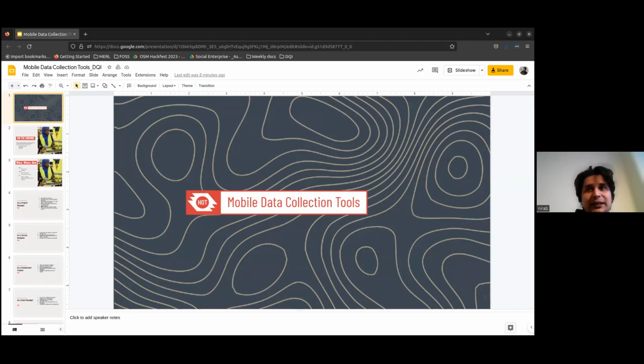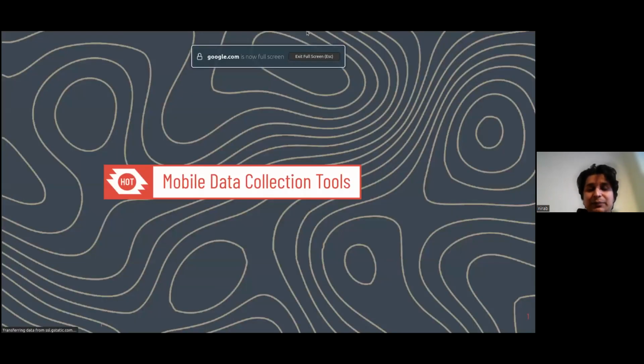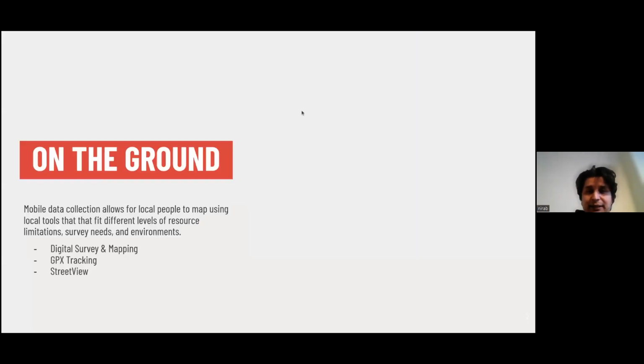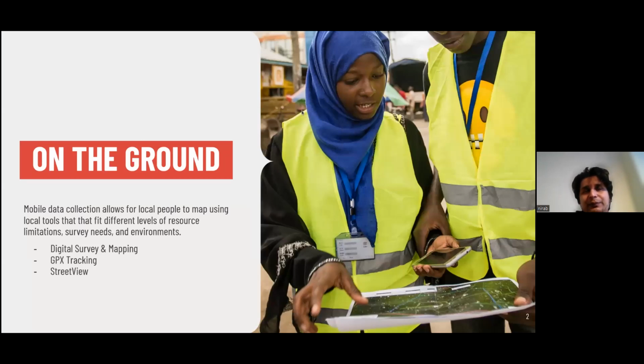So there are a lot of different options available when you're doing data collection mapping in OpenStreetMap, and one important aspect is there's only so much you can do with remote mapping, right? Because OpenStreetMap and mapping is about collecting local knowledge and ground data.